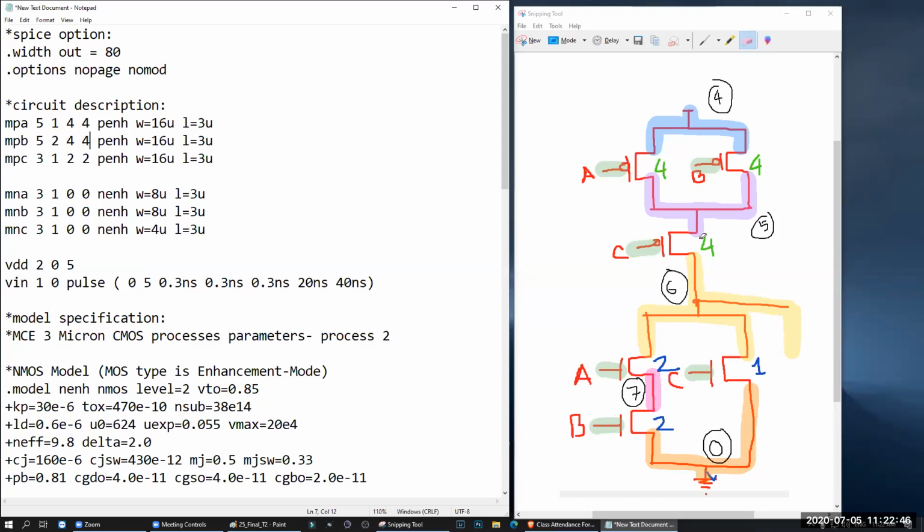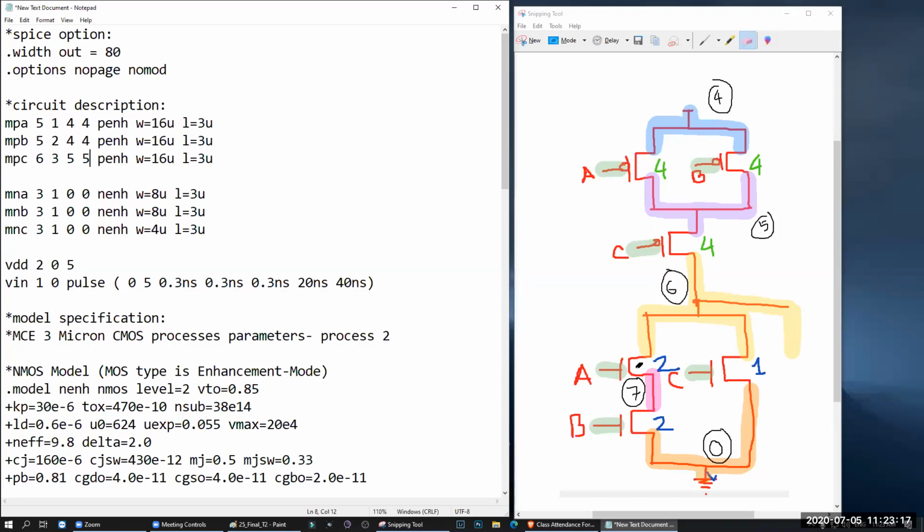Next one, here, C: drain, gate, source, body. Drain is 6, 1... no, not 1, it's actually 3. 6, 3, 5, 5. Okay, this part is done. PMOS, that's done.